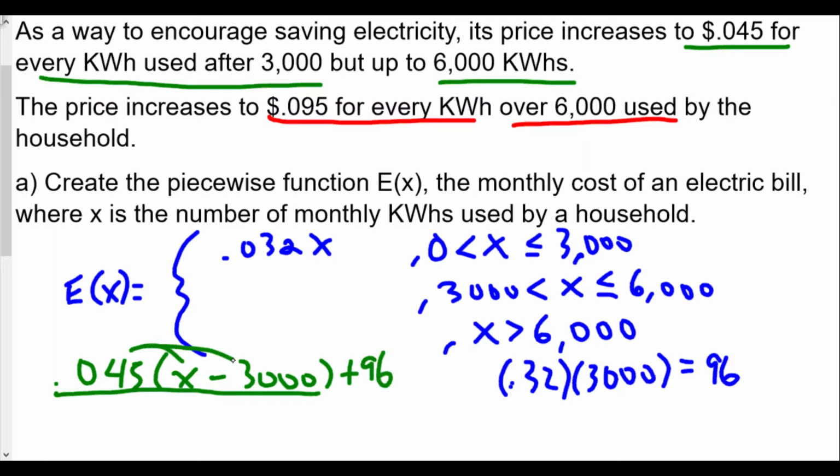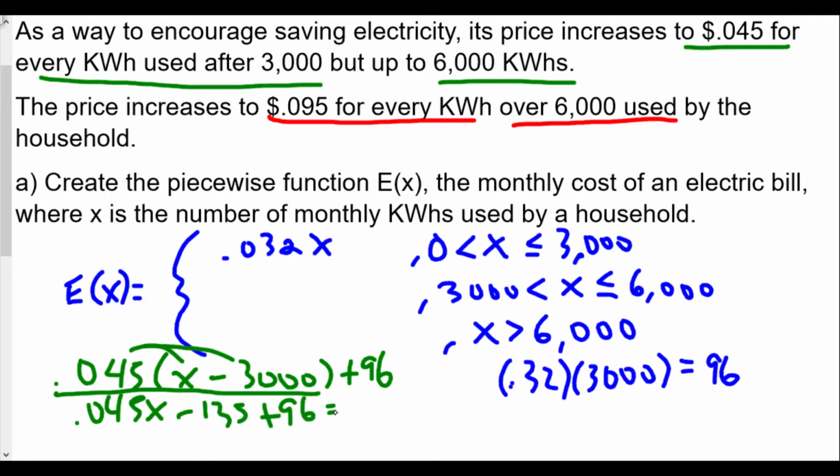Distribute here, we have 0.045x, and 0.045 times 3,000 is equal to 135, so minus 135 plus 96.